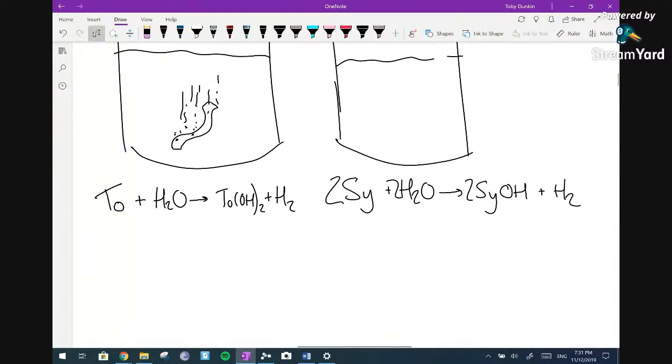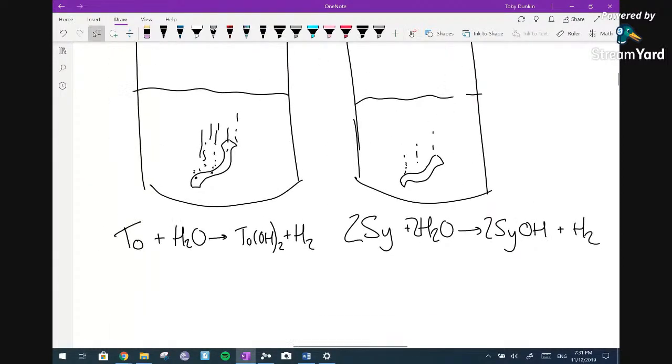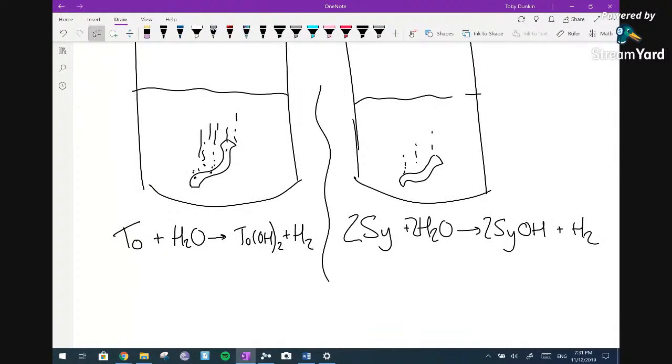Right. Let's look at what cyan looked like in water. There we go. So we can now say comparatively that tadonium is more reactive than cyanium, simply due to the number of bubbles that we're observing. Cyan is not happy that I turned her into a metal.